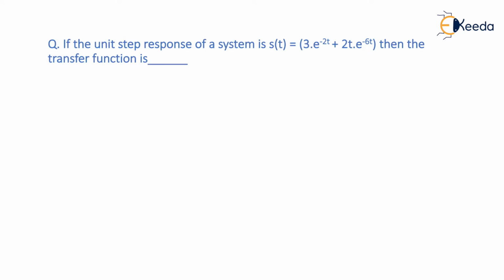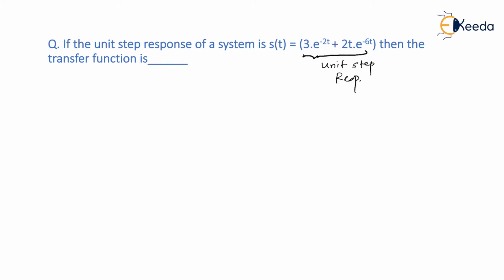If the unit step response of the system s(t) is equal to the expression given, this is nothing but a unit step response, then the transfer function is... you know what, instead of the unit step response, let's say they have provided h(t). What is h(t)? h(t) is called the impulse response.